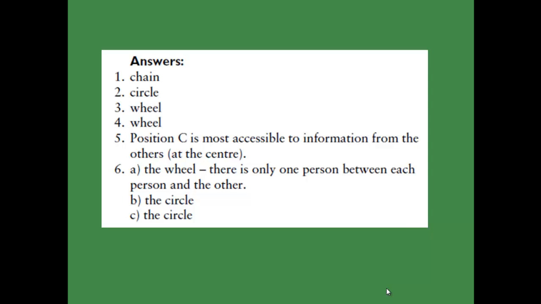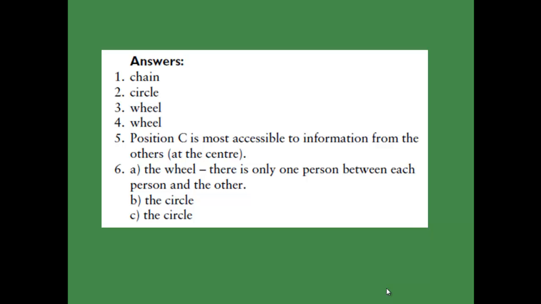And number 4. In which group is there only one person between each and the other? Here also we have the wheel group. In the wheel group here also, there is only one person between each and the others.